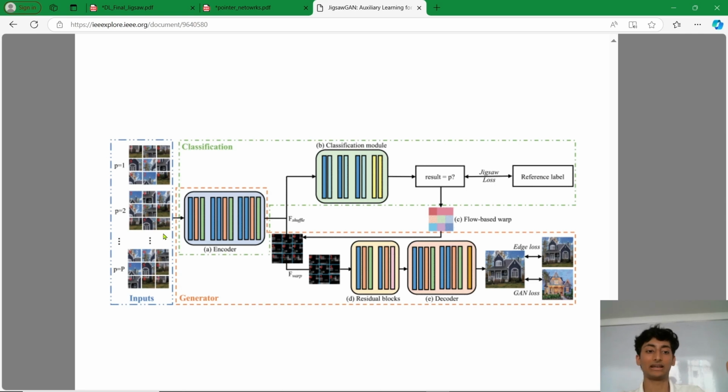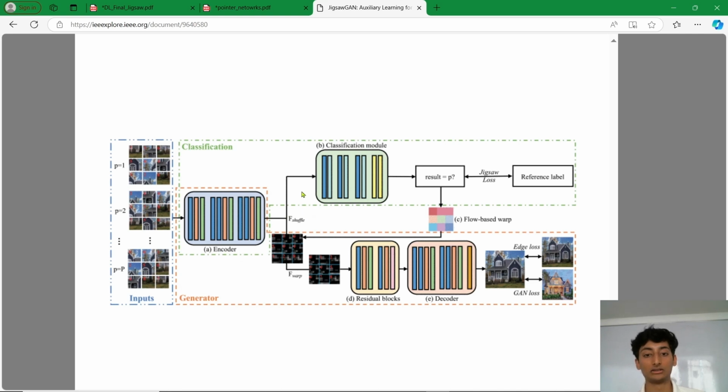They put all of these inputs into an encoder, let's say for encoding the representations or the feature-level parts. They extract the features. And then you have two branches that they diverge into, which are the classification branch and the generator branch.